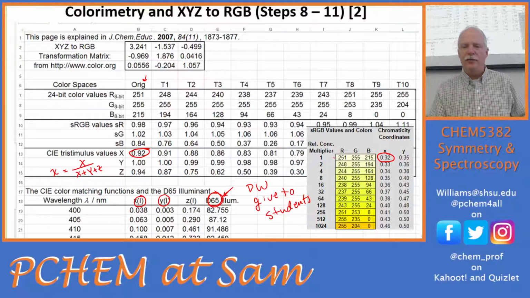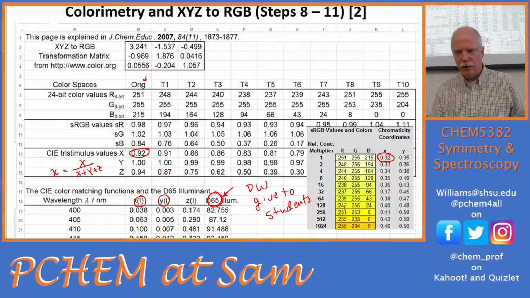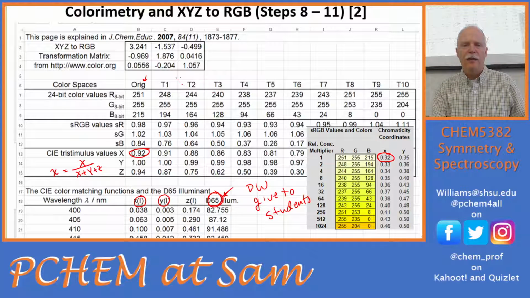Now, notice I have, what is it, 1, 2, 3, 4, 5, 6, 7, 8, 9, 10, 11 rows here, the original plus 10. So I concentrated that absorption spectrum and converted every one of those absorption spectra to a transmittance spectrum, and then calculated the color of every one of those concentrated spectra.